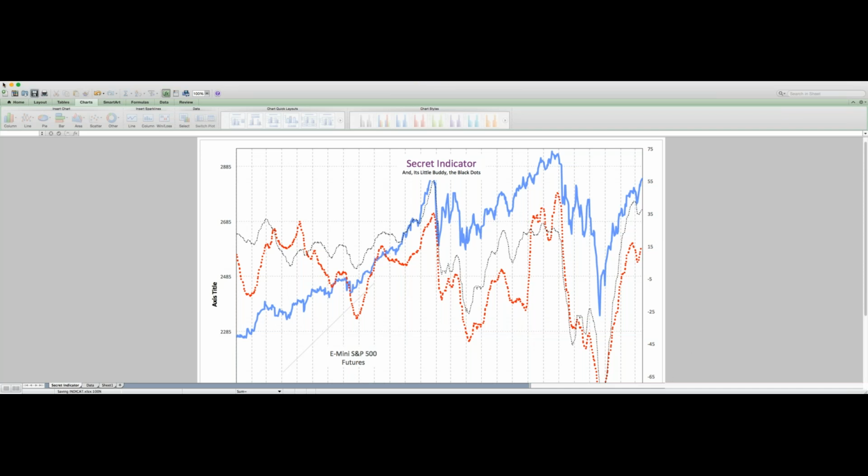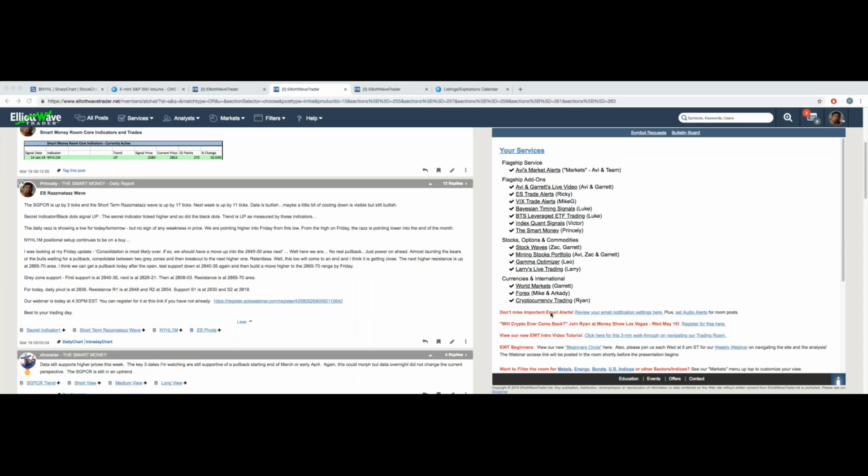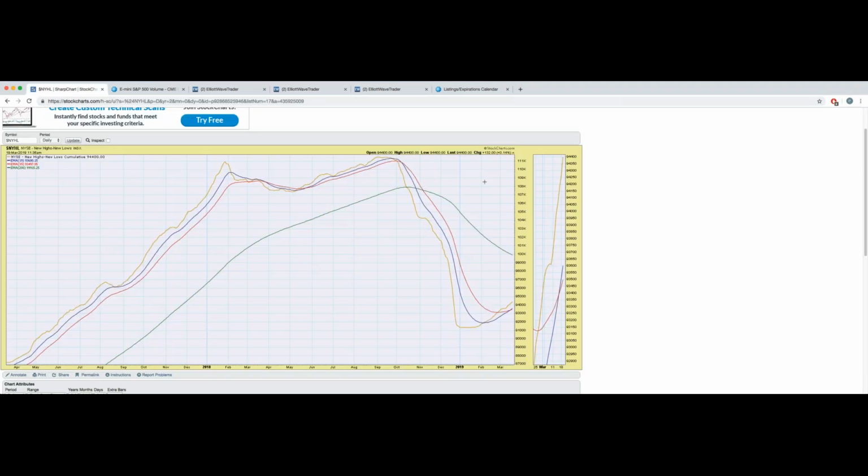Okay, so that is the secret indicator, and then we'll go on to NYHL, which is the new highs minus new lows on the NYSE stock index added on a cumulative basis.